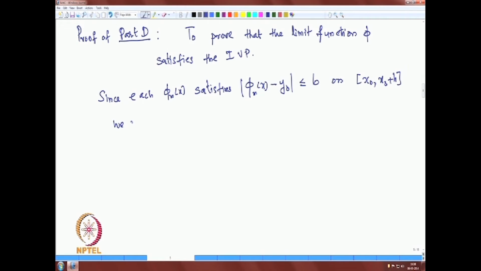So we get phi x minus y0 is less than or equal to b on x0 plus h, since this sequence phi n converges uniformly to phi on the interval. Therefore, the limiting function phi x satisfies phi x minus y0 is less than or equal to b on this interval.